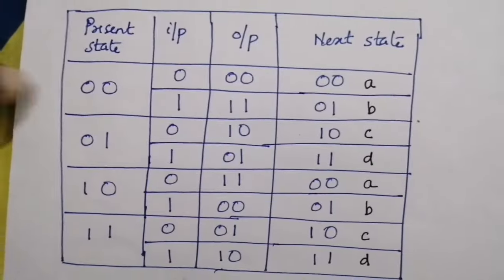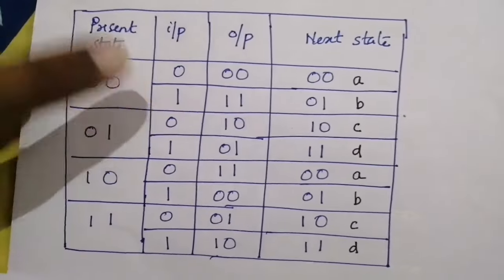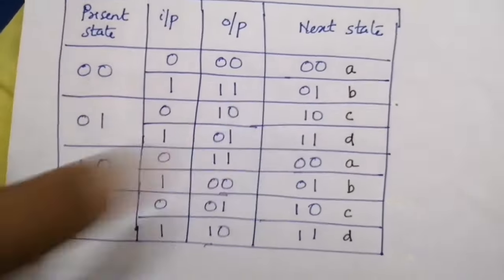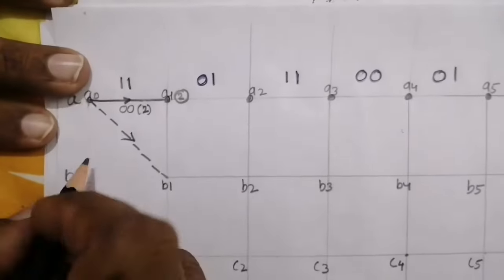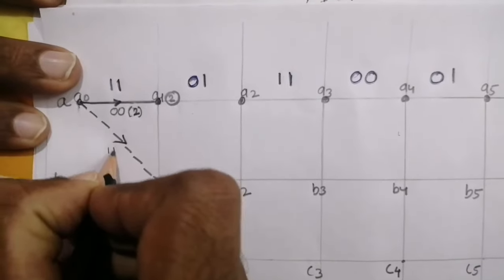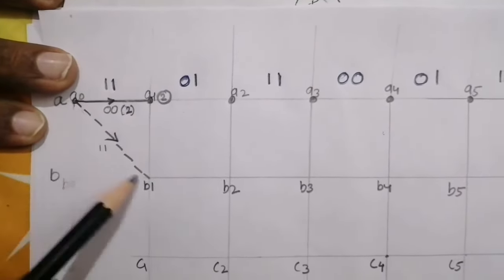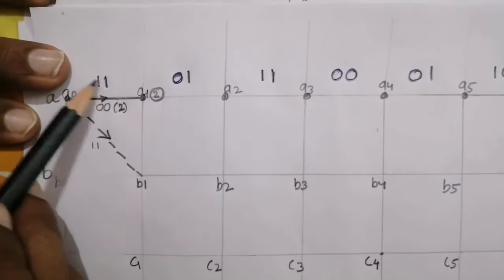So this is apparent from this particular state diagram or state table. So from 0 0, if 1 comes, output is 1 1 and next state is B, that is 0 1. So I will write the output here, 1 1, and now find the discrepancy between this path sequence and the received sequence.